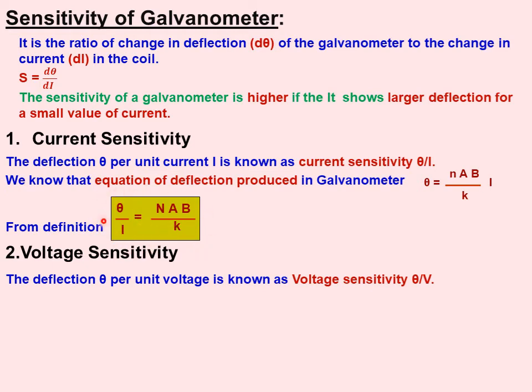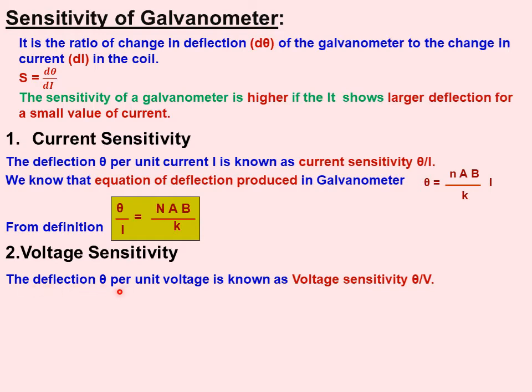And current sensitivity is decreased by increasing the value of the torsional constant. So these are the four factors which can heavily affect the current sensitivity. So once again, current sensitivity is the ratio of deflection per unit current and this is the expression for current sensitivity.